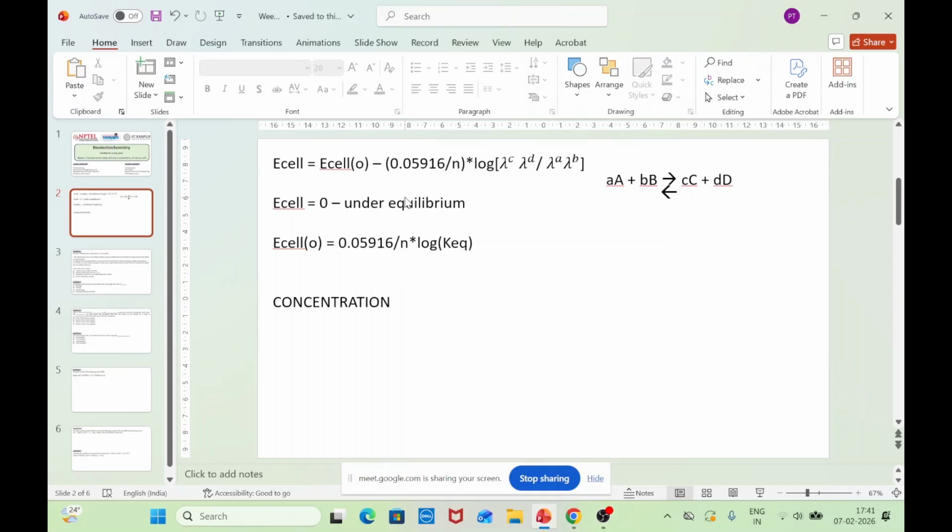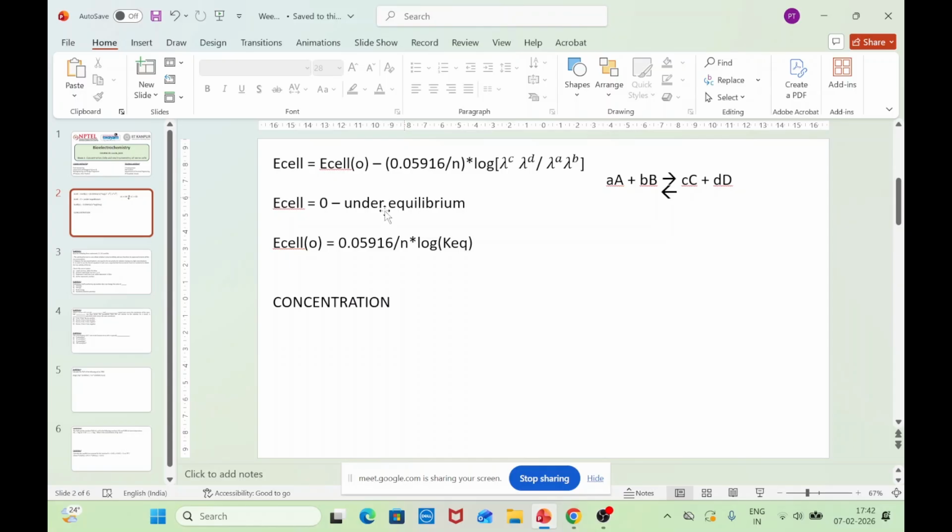Since we have already learned how to split up a chemical reaction into their respective half cell reactions, I am not going to write the respective half cell reactions here. Rather, I have written directly in the Nernst equation for our calculation purpose.